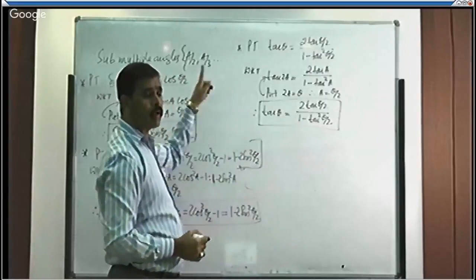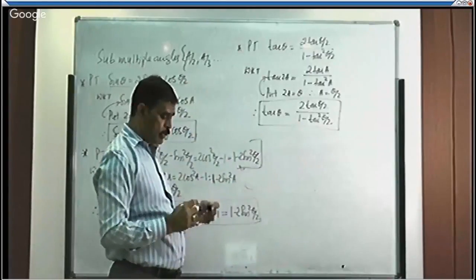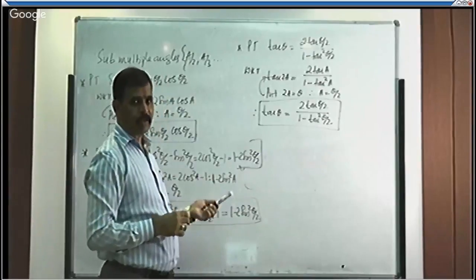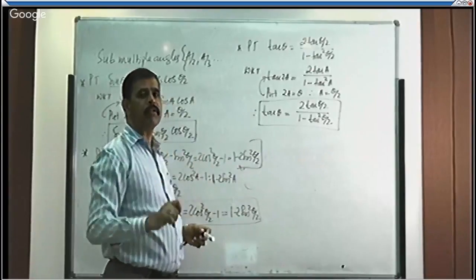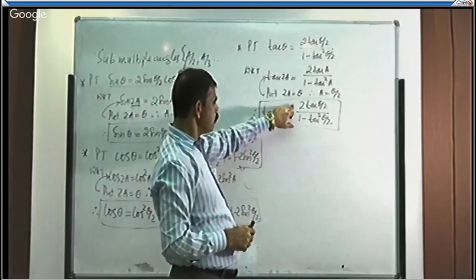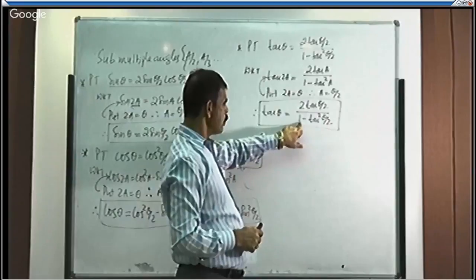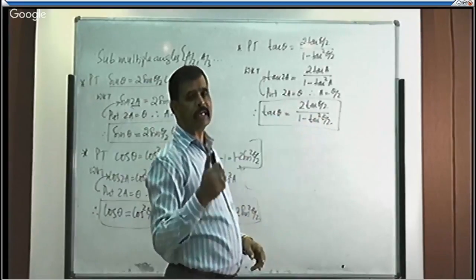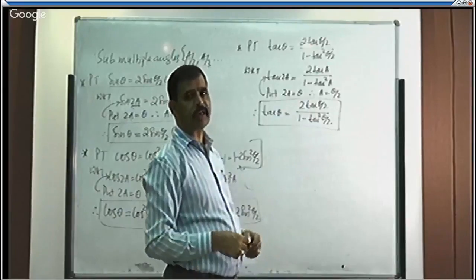In all the compound angle formulas, we have taken the symbol a in place of an angle, theta. So it will be true for all symbols. Suppose I take a, tan a becomes 2 tan a by 2 divided by 1 minus tan square a by 2. Theta is a symbol representing an angle.